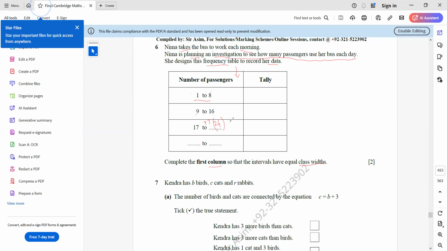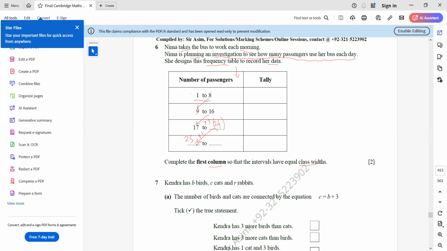So after 8, increasing 1, you get 9. Then after 16, increasing 1, you get 17. So if 24 is written over here, increasing 1, it would start from 25.